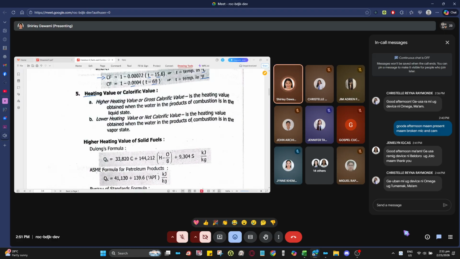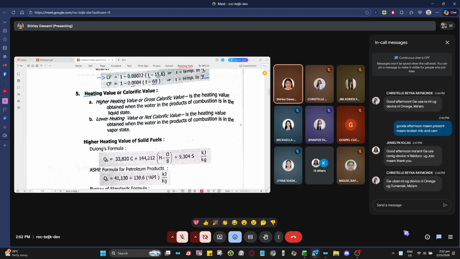Amount of heat energy nga i-release sa fuel when it is completely burnt.